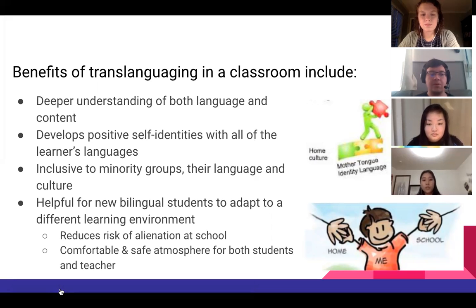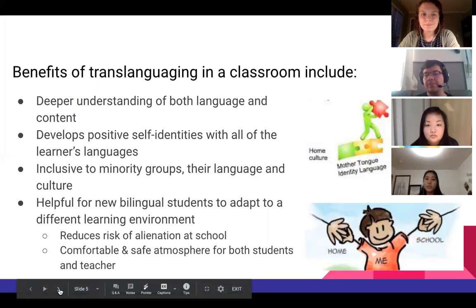It's helpful for new bilingual students, especially from minority groups, to adapt to a new learning environment. With that, it reduces the risk of alienation at school and creates a comfortable and safe atmosphere for both the students and the teacher. They see translanguaging as a building block for both their home language and the new language that they're learning, to help develop both of them.